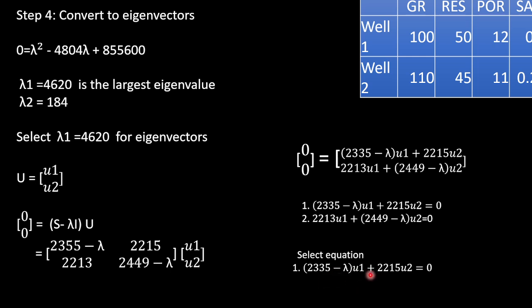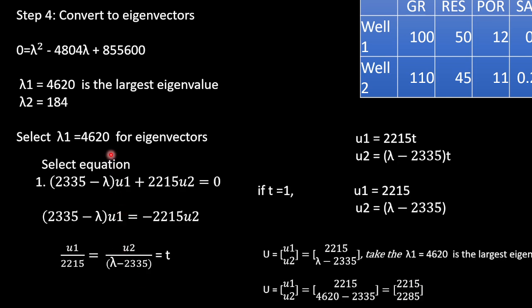2335 minus lambda u1 plus 2215 into u2 is equal to 0. So once you got this value from this equation, you can move your LHS 2215 U2 to RHS and it becomes minus 2215 into U2. So U1 by minus, you can keep minus on this side.